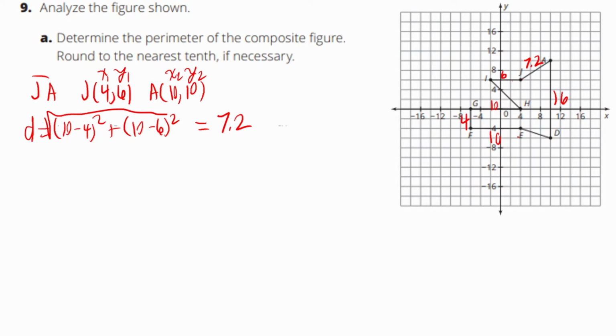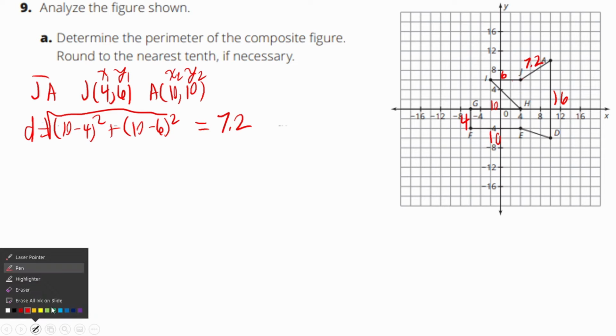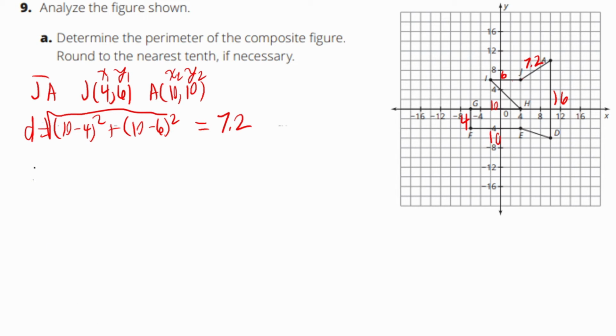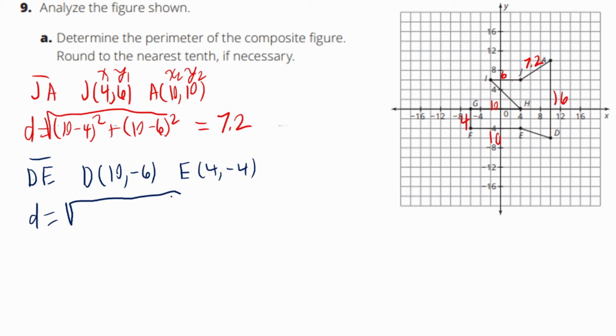Next up, we have to find DE. Let me change my color here so not everything blends in. What are the coordinates of D? Coordinates of D is at 10, negative 6. And the coordinates of E is at 4, negative 4. And now we plug these in. The distance formula is the square root of x1, y1, x2, y2. And what do we do here?